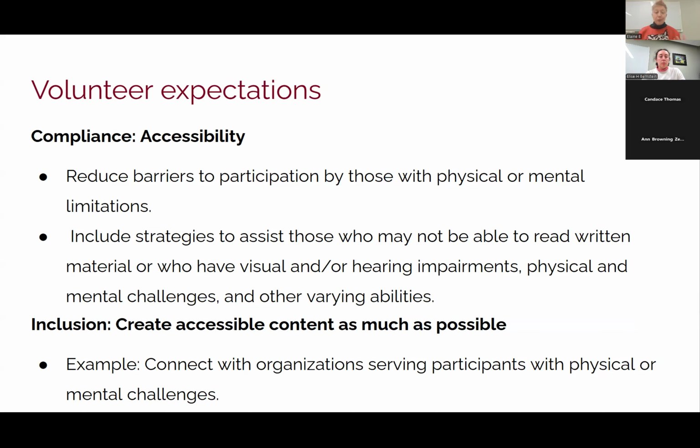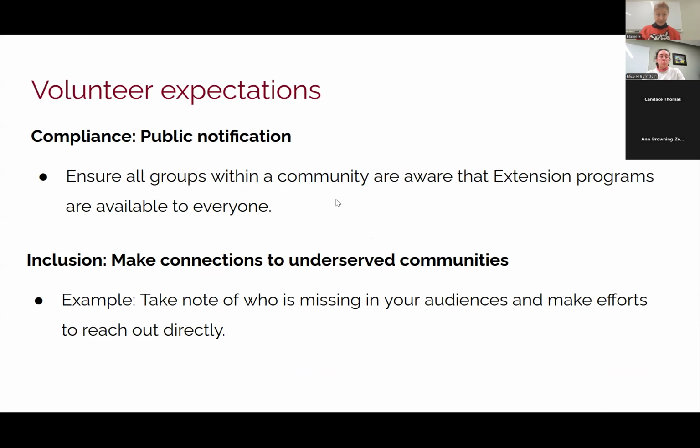One example would be connecting with organizations that serve participants with mental challenges or physical challenges, and working to design an activity that can directly engage those participants. There is also public notification.